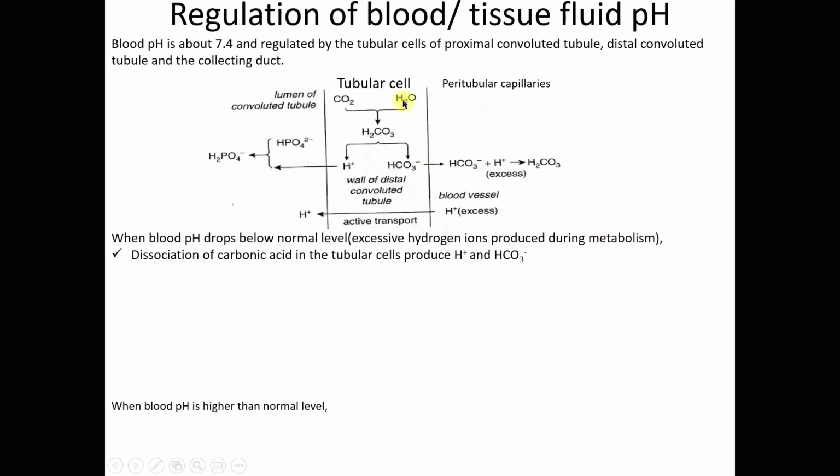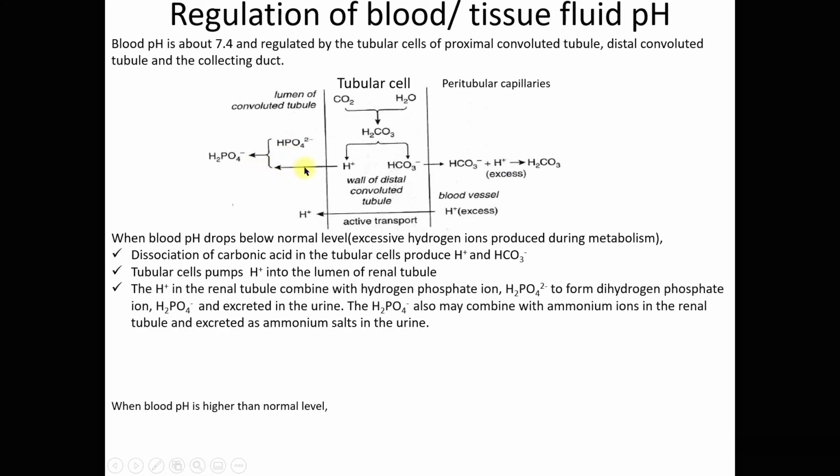So what happens? Dissociation of carbonic acid. You can see this carbonic acid here dissociates inside the tubular cells into hydrogen ions and hydrogen carbonate ions. This one you have learned already earlier. So now we have hydrogen ions and hydrogen carbonate ions, or bicarbonate ions, here. This tubular cell will pump these hydrogen ions from the dissociation of the carbonic acid into the lumen of the renal tubule.